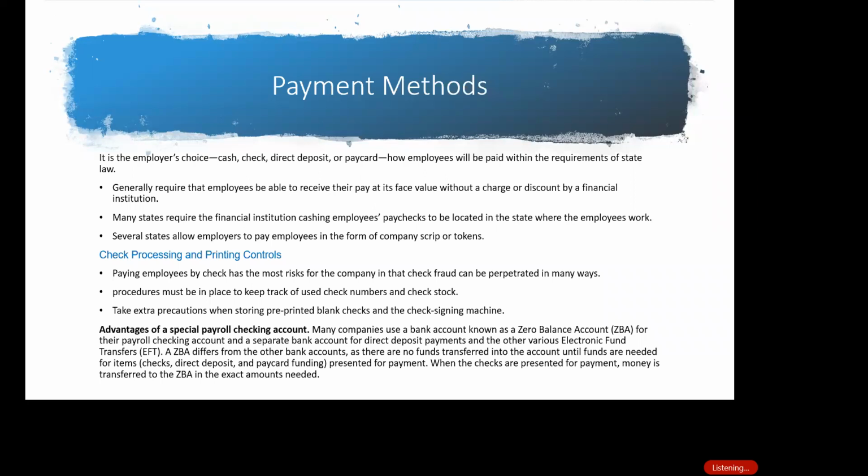Other times employers will have a payroll account and they'll see that their payroll is going to be $100,000 and they will deposit $100,000 in the account on that day. And hopefully at the end of the pay period, once everybody has cashed their checks, the account will go to zero again for the next month.